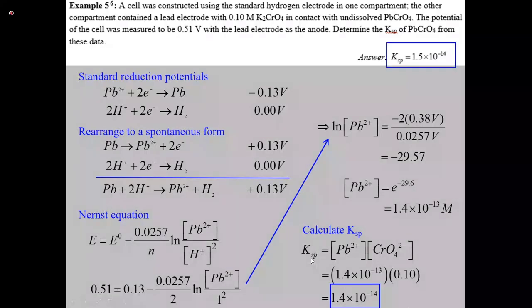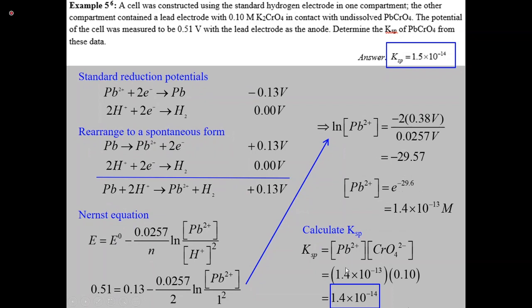And that is pretty close to the given answer. It differs only slightly, because of rounding, most likely. Technically in some of these places, like here, we'd use a minus 30, because we have 2 sig figs in the 0.38 volts, so we would round this technically to minus 30.